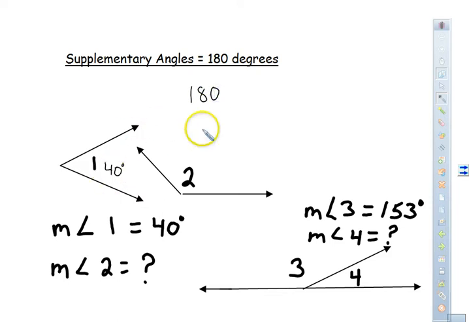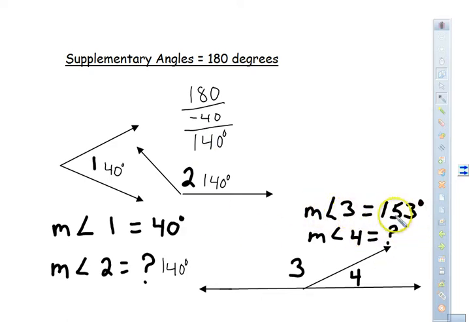Since we have 40, subtract 40 from 180 and get 140 degrees. What's remaining is what the other angle will be. So 140 degrees is the supplementary angle to angle 1, which is 40 degrees, because the two angles added together must equal 180 degrees.